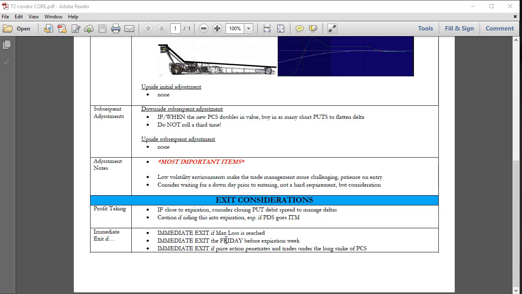If you say you're going to do something in advance and you don't do it, you are reinforcing bad behaviors. And let me just tell you, it is much better to lose money knowing you followed your trade plan and honored what you said you were going to do than to make money breaking rules all the time.